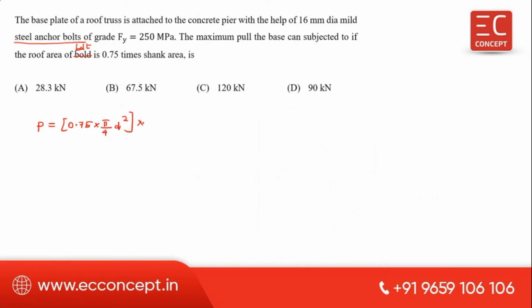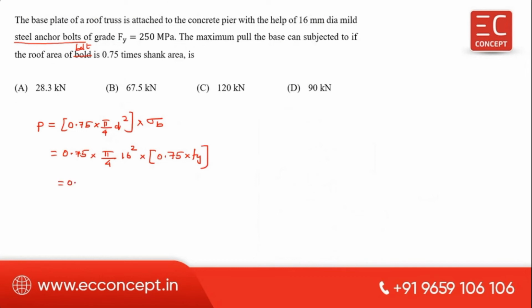into the bearing stress. So it is equal to 0.75 into pi by 4 into the diameter, which is 16 square, the diameter of the bolt, into the bearing stress, 0.75 times Fy.